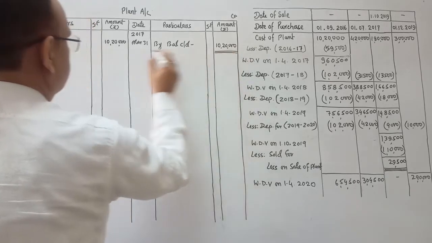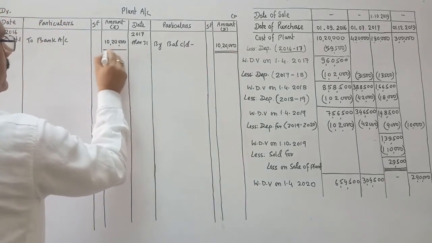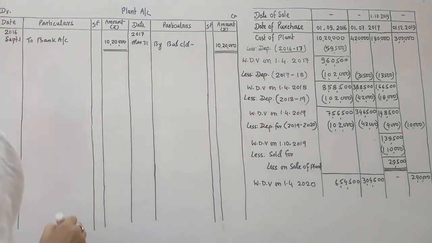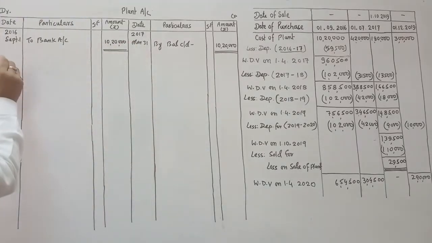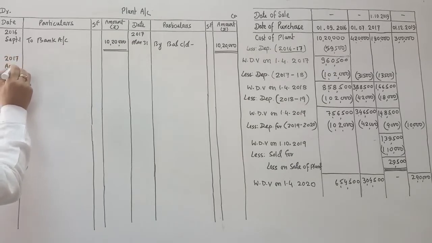Now we will close the ledger of the first financial year 16-17. Now this balance will be brought down in the next financial year, 2017 April 1st.